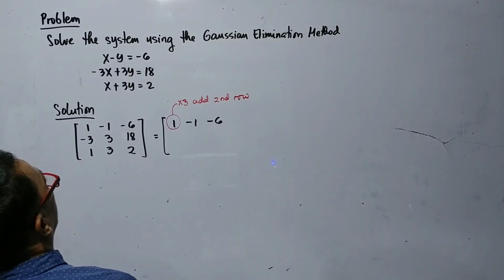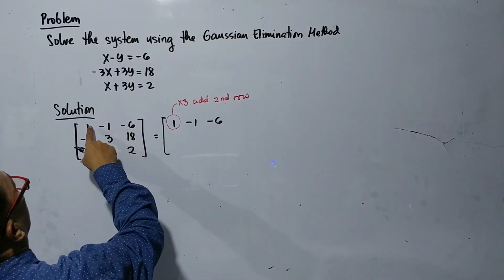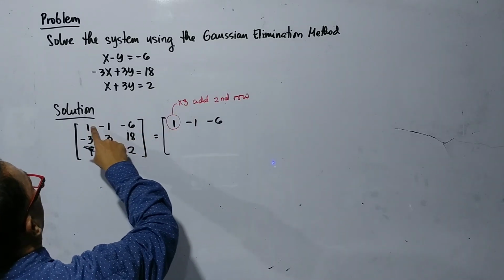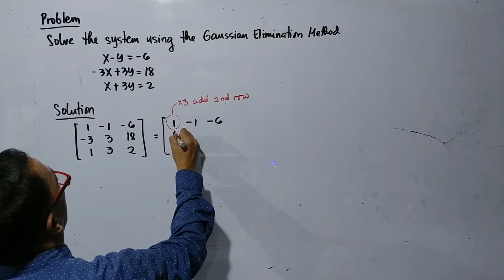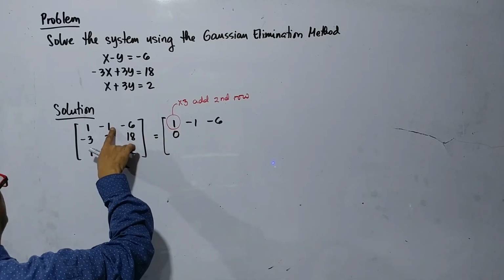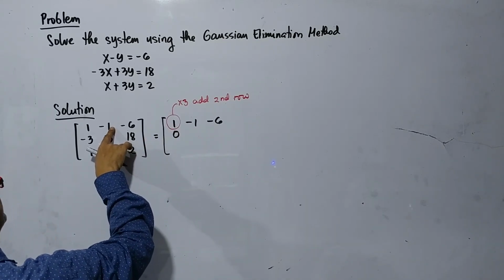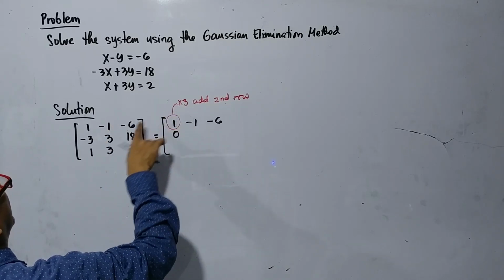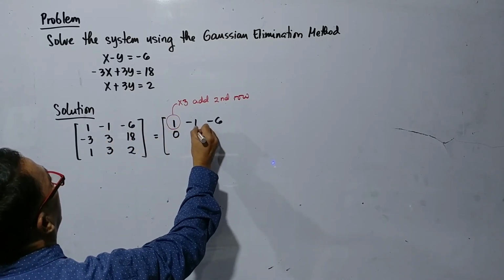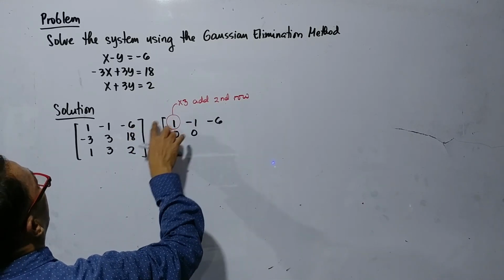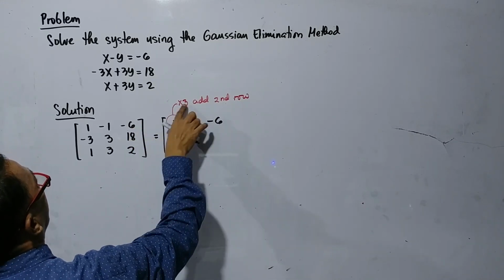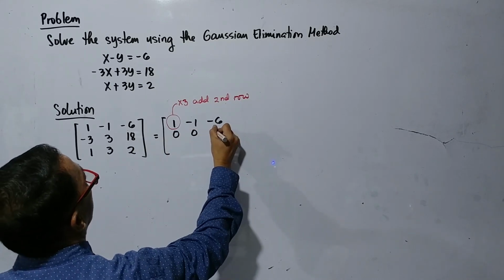So what happened? 1 times 3 equals 3, minus 3 equals 0. Negative 1 times 3 is negative 3, plus 3 equals 0. Negative 6 times 3 is negative 18, plus 18 equals 0.